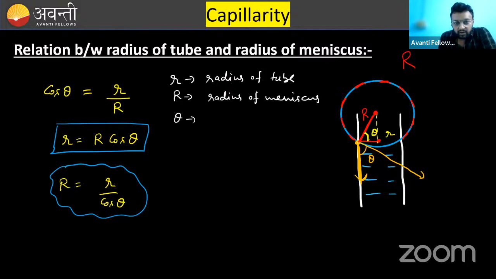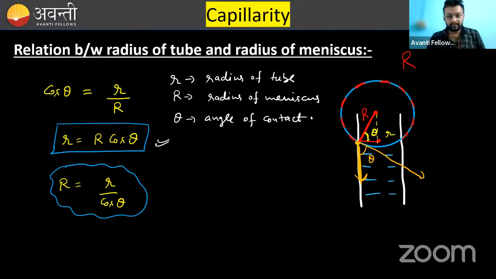And theta is the angle of contact. So the relation between them is small r is equal to capital R cos theta. Remember at least one of them. Clear? Okay, moving further.